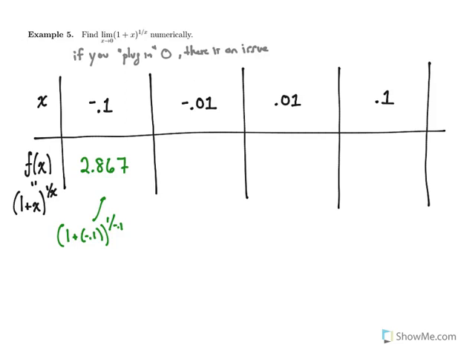If we plug in that value, we would get 2.73132 actually. Or let's plug in 0.01. Let's see what we get there. This would give us 2.705. And if we plug in 0.1, we would get 2.594.